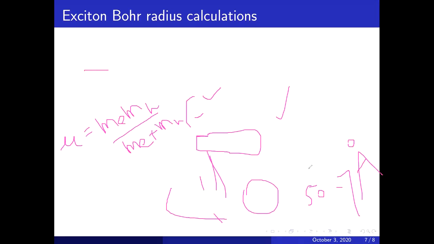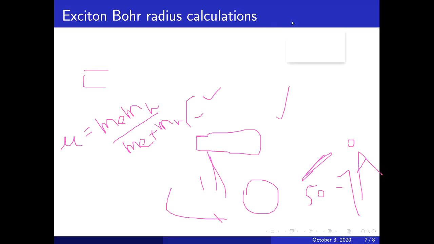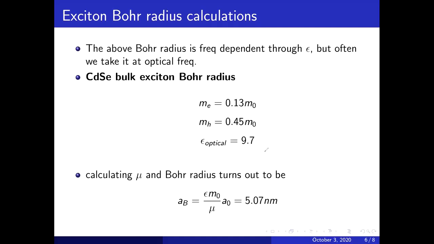So if you want to have a cadmium selenide nanomaterial and observe exciton properties, you need to grind the material to this range. So this is 5 nanometer.